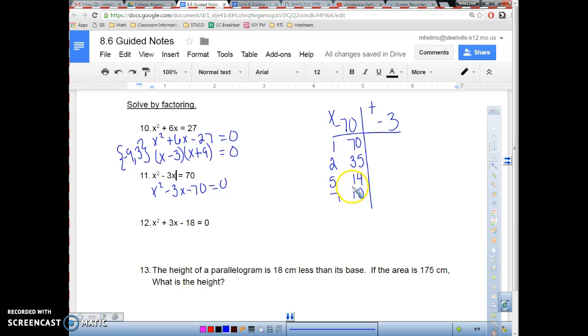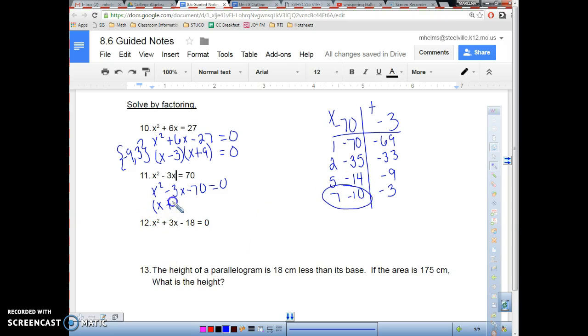So they multiply to give us a negative 70. So we know one's negative, one's positive. They add to give us a negative, so we know our bigger number is negative. So our numbers are 7 and negative 10.